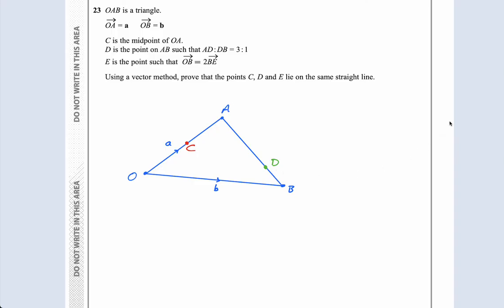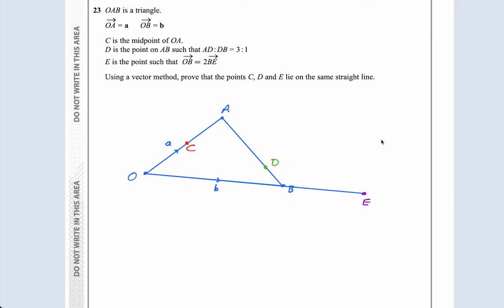E is actually, guys, down here. So if I continue this line, it's basically saying OB is twice as long as BE. So E is down here somewhere.